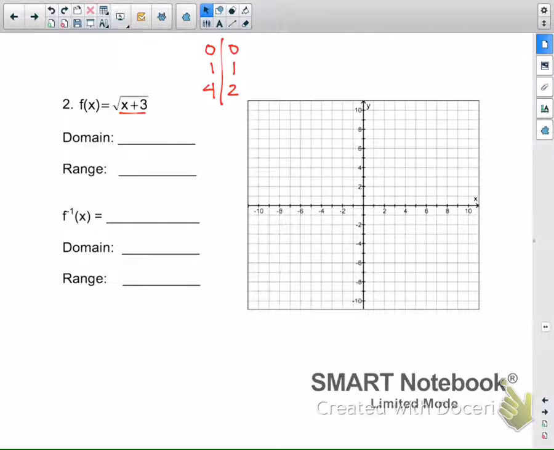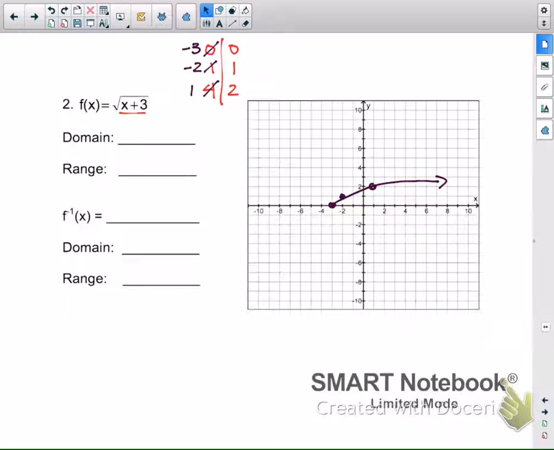Left 3, which means I take each of my points and subtract 3 from my x's. Again, not that you necessarily have to use the table. I'm just showing you how to use it until it gets to the point where you can do some of them on your own and others of them, if they're more difficult, you'll need the table for.